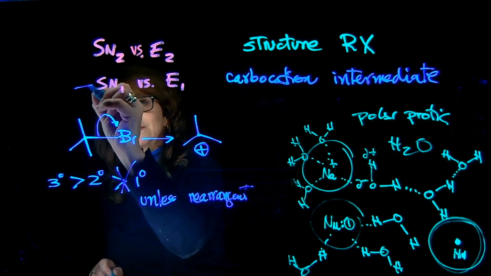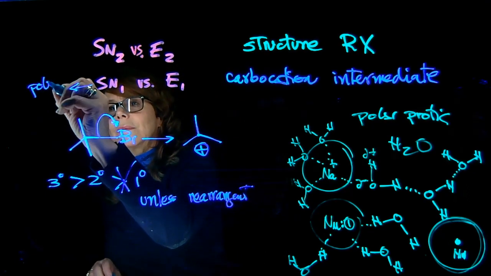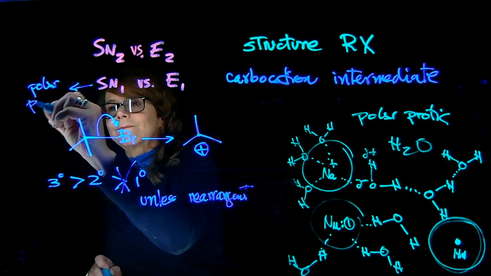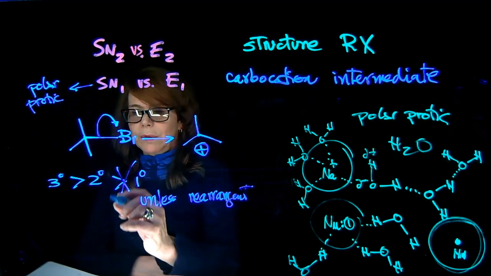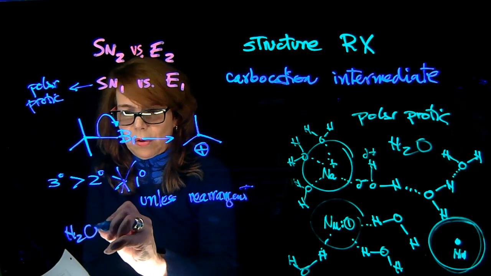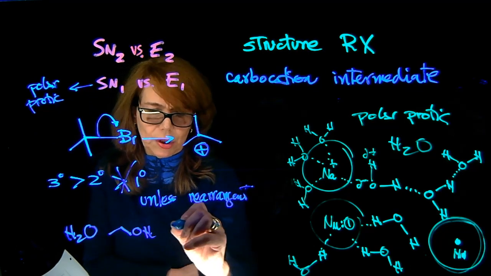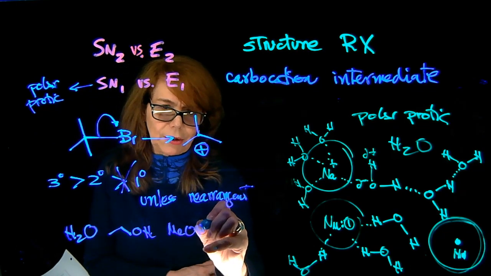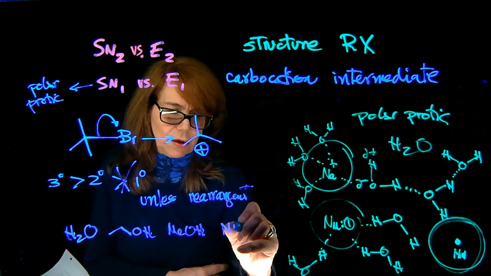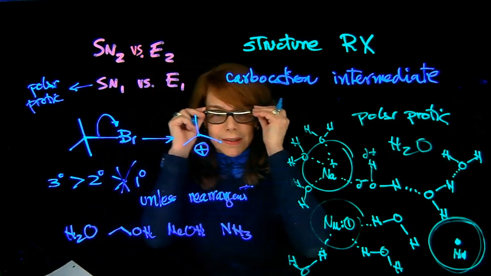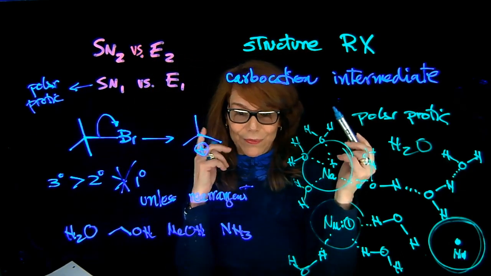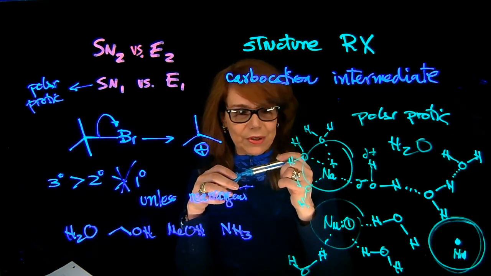In this case, we're going to be using polar protic solvents. And we learned before that these can be water, ethanol, methanol, ammonia. All of those will have hydrogens attached to a very electronegative atom, such as oxygen and nitrogen.